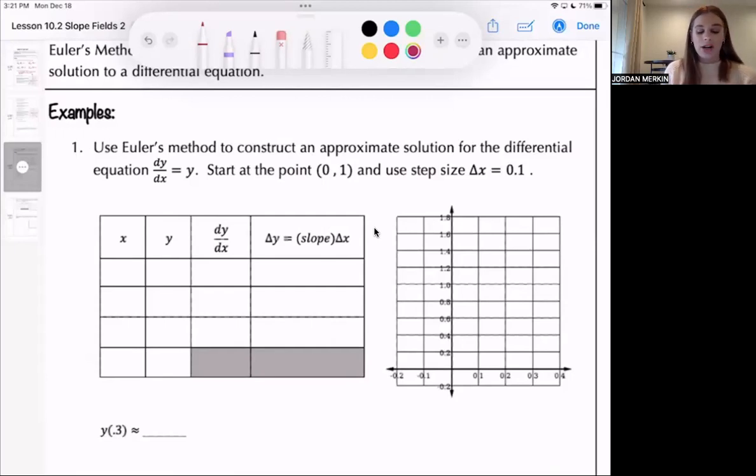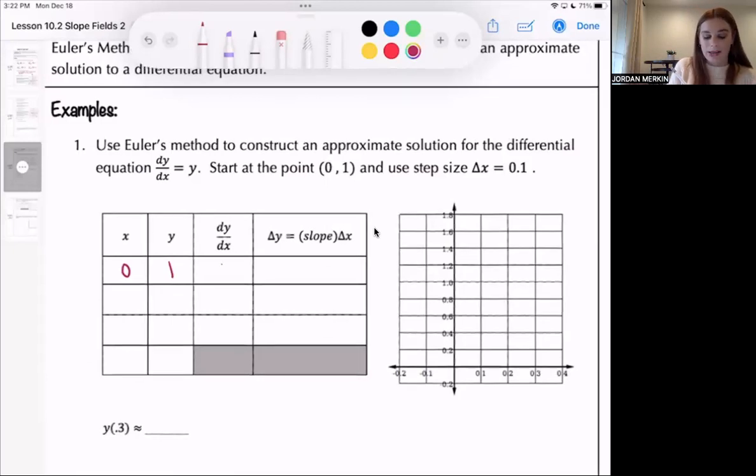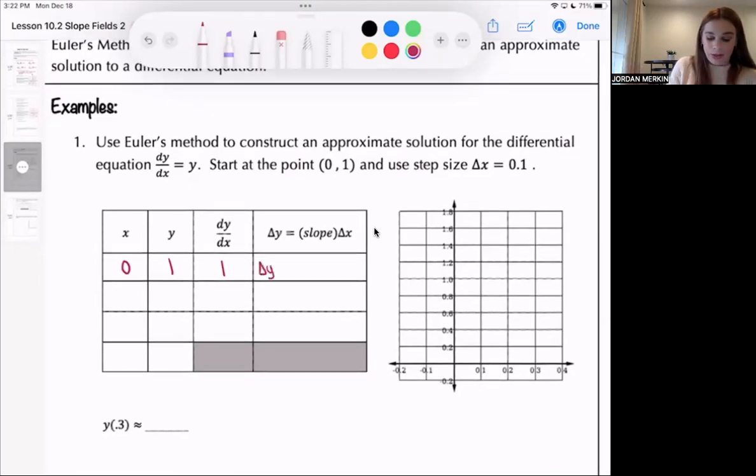So we are starting at the point (0, 1). So that's what I'm going to put in for my first x and y. Now we know that dy/dx in this case is equal to y. So if I'm at the point (0, 1), dy/dx would be equal to whatever y is, which is 1 in this case. Then you're going to find the change in y, which is your slope, times delta x. So delta y equals our slope, which we just calculated is 1.